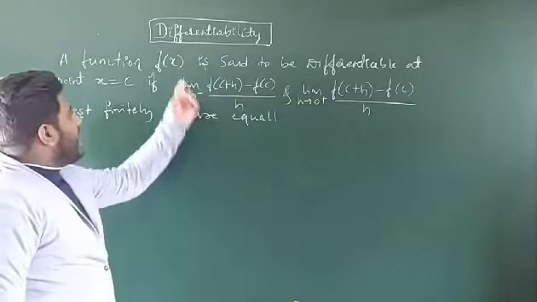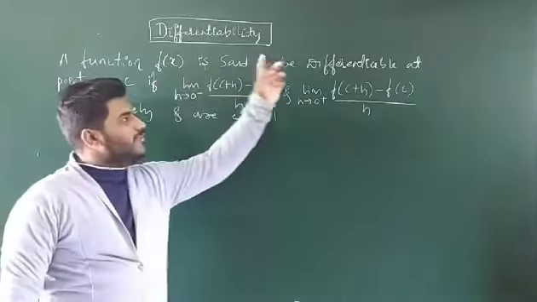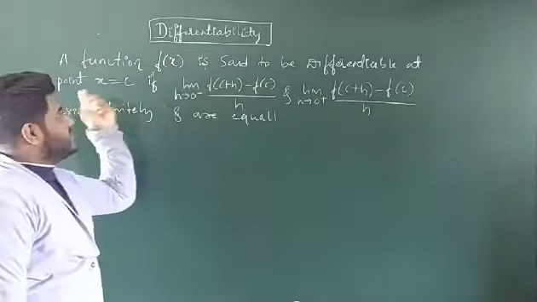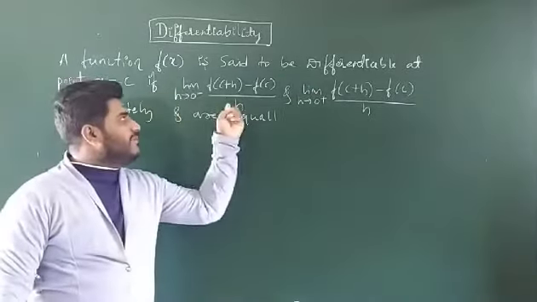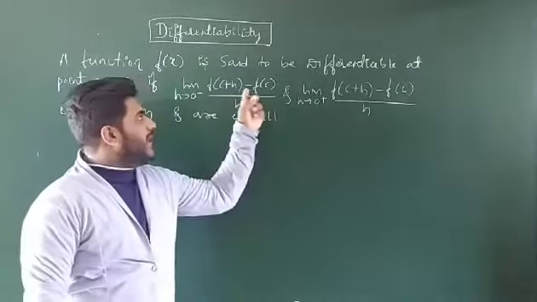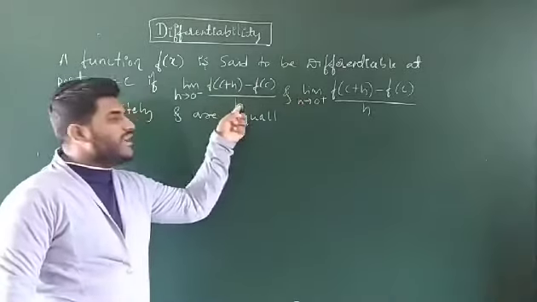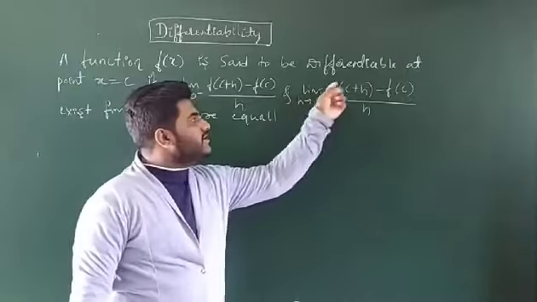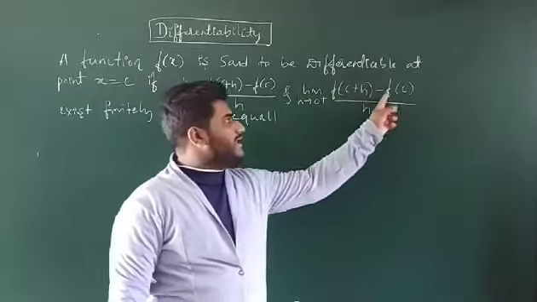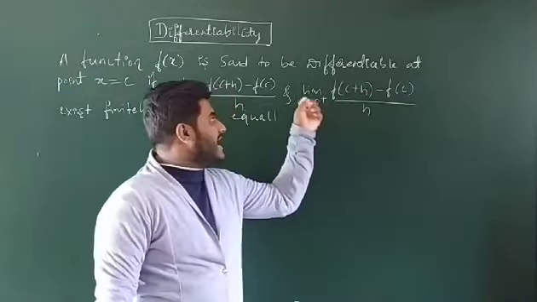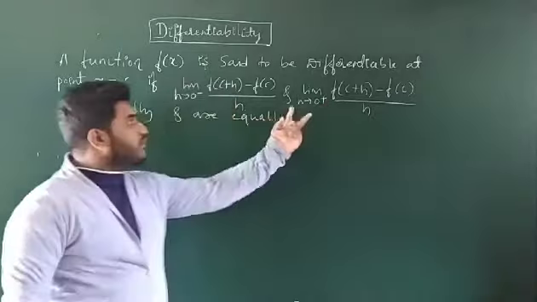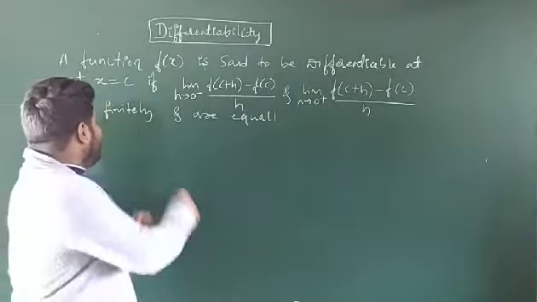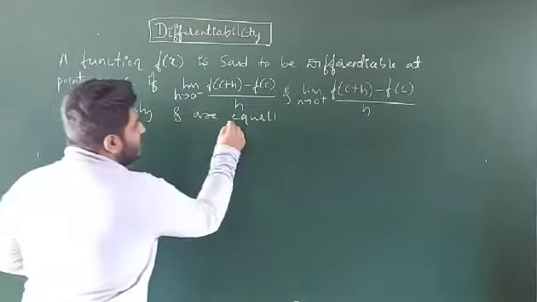So that means a function f of x is said to be differentiable at x equal to c if limit of f of c plus h minus f of c divided by h as h tending to 0 minus, and limit f of c plus h minus f of c divided by h as h tending to 0 plus, both the limits exist finitely and are equal.